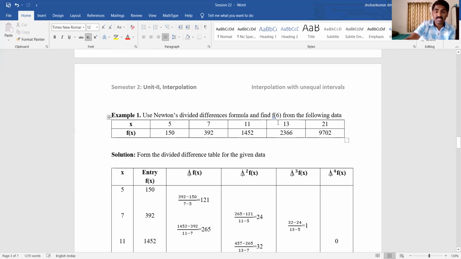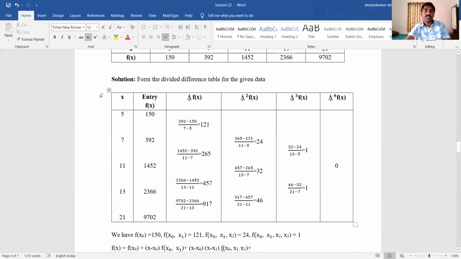First, construct the divided difference table. Here, in the first column are the arguments 5, 7, 11, 13, 21. The second column has the entries 150, 392, and so on up to 9702. For the first divided difference, it can be either 150 minus 392 or 392 minus 150, but if 392 minus 150, then the denominator is 7 minus 5.